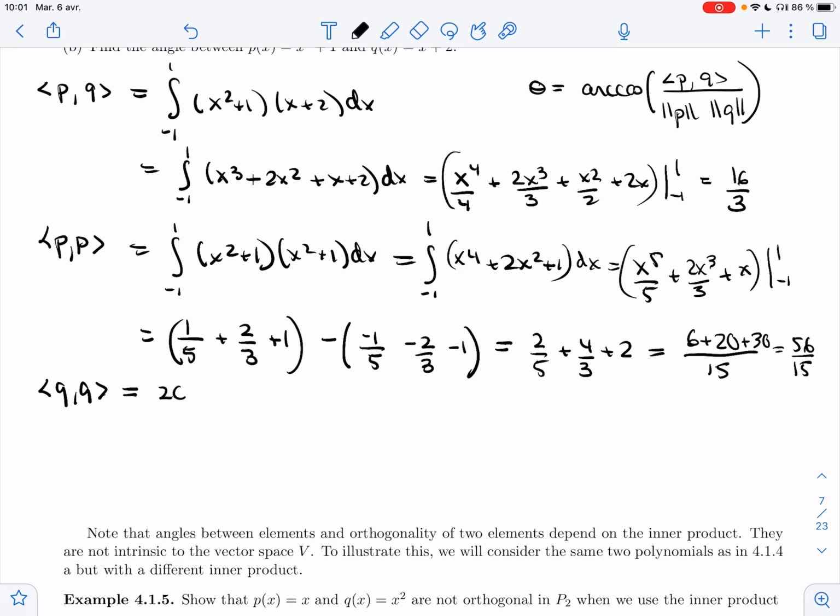All right, so let me just give you what I got for QQ. That was 26/3. And so theta would be the arccos of PQ, which was 16/3, over the square root of PP, 56/15, times the square root of QQ.